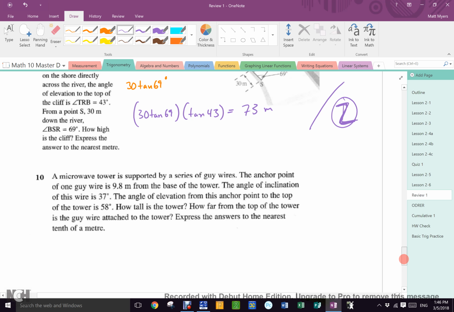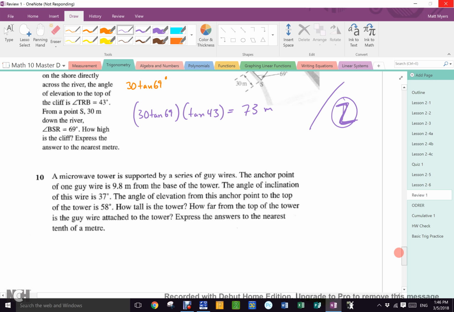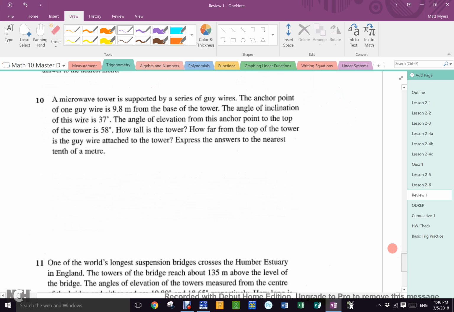The tower is supported by guy wires. What's a guy wire? Mr. Myers explained that in previous notes questions. That's like the rope that's supporting the tower. It's attached to the tower and the ground.